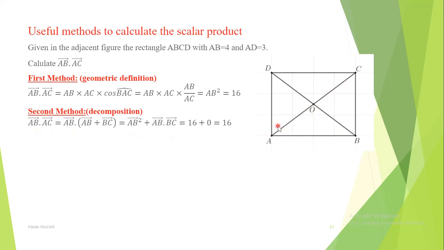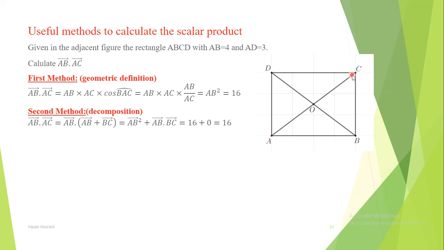Usually in decomposition, it's good to think about decomposing the oblique vector, not the horizontal vector. How? Try to write AC as a sum of a horizontal vector plus a vertical vector.